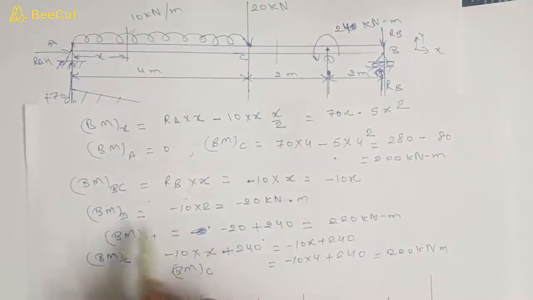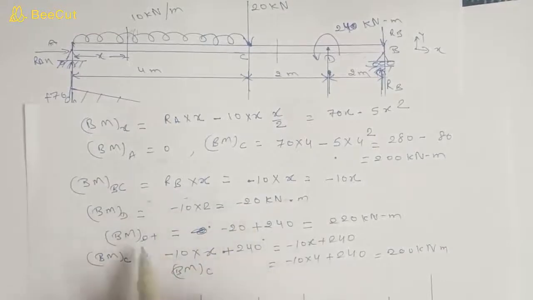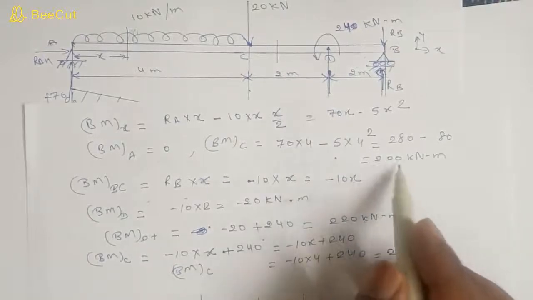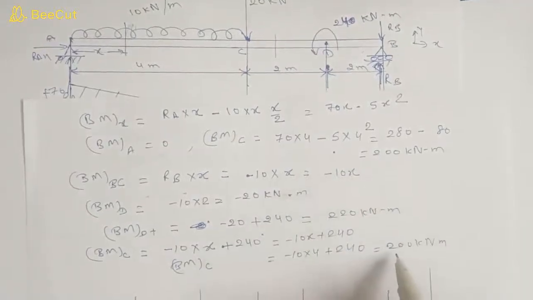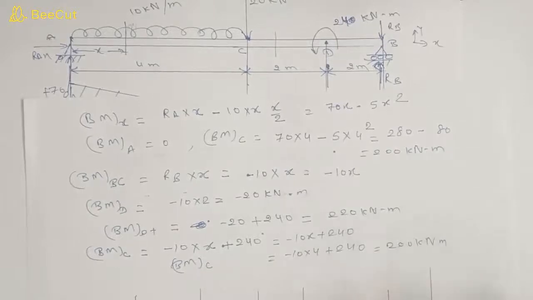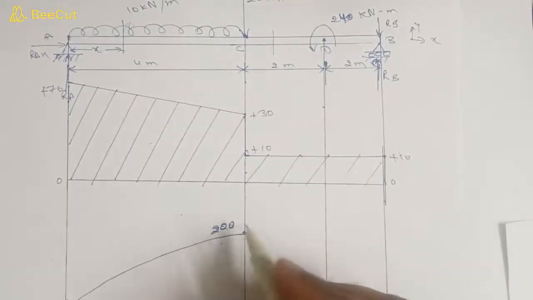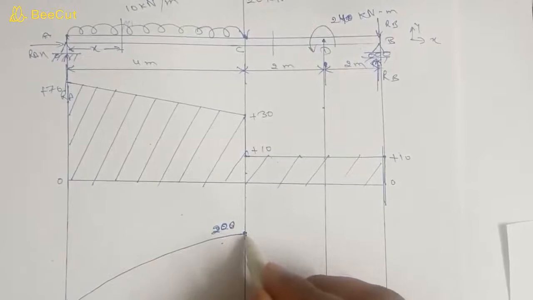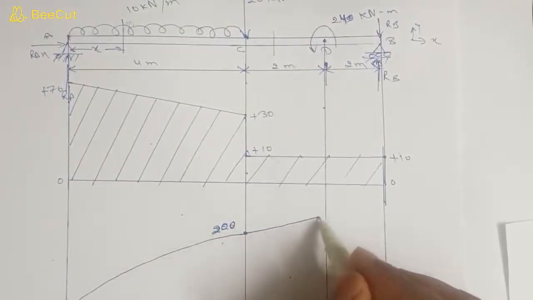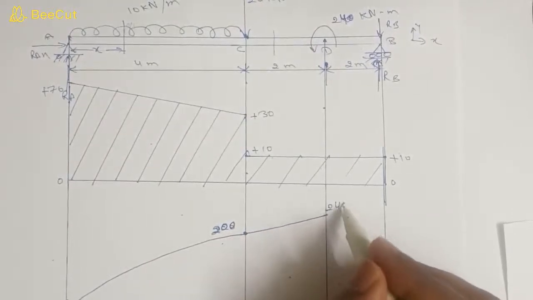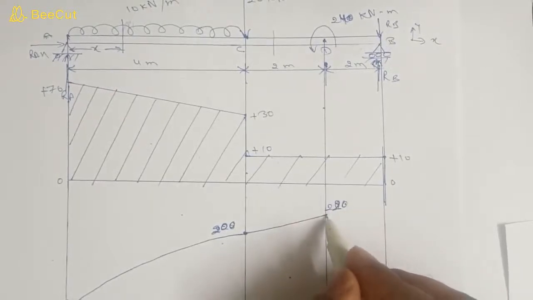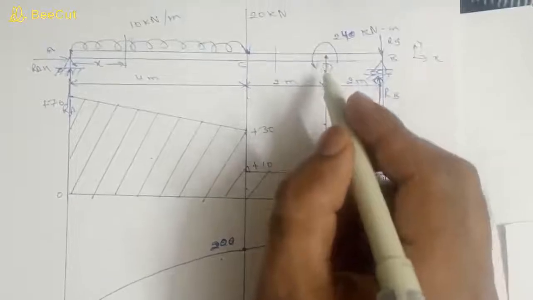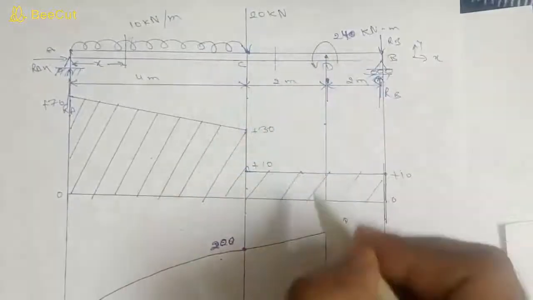So from left hand side we have calculated bending moment at C is equal to 200 kilonewton meter, and from right hand side it is also 200 kilonewton meter. So now we can draw the bending moment diagram from here to here. It is an inclined line, so it is 220 kilonewton meter, and from here it is a pure moment, so bending moment will be a vertical line.